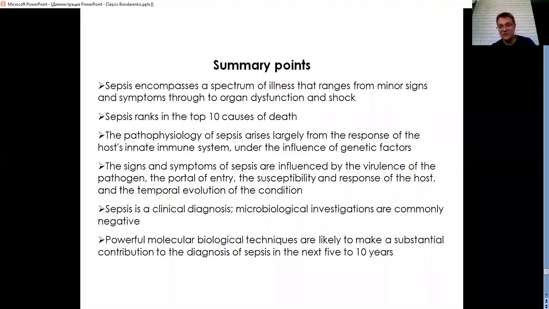The pathophysiology of sepsis arises largely from the response of the host's innate immune system under the influence of genetic factors. The signs and symptoms of sepsis are influenced by the virulence of the pathogen, the portal of entry, the susceptibility and response of the host, and the temporal evolution of the condition.